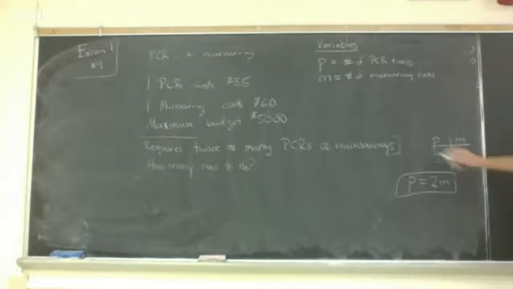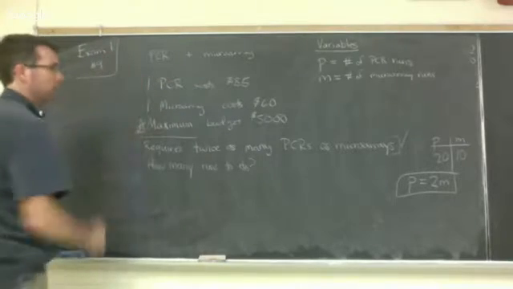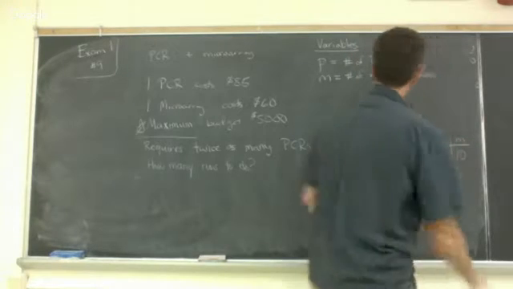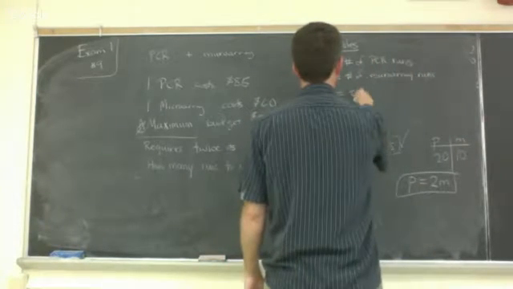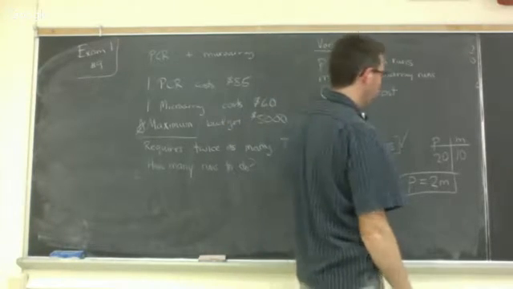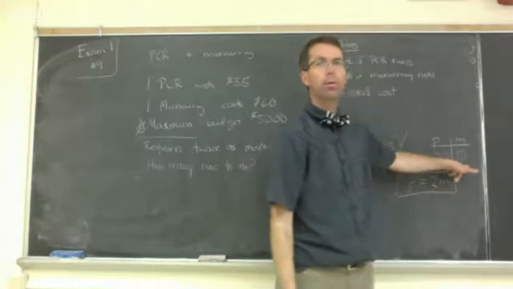So we've used this piece to give me an equation. How do I get another equation? Something that you can find out. The total cost. So how would I find the total cost? See, that's actually a new variable. How would I find the cost of doing 20 PCRs and 10 microarrays?